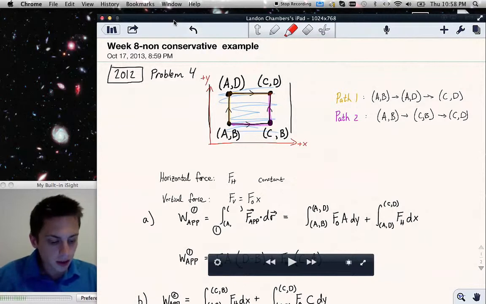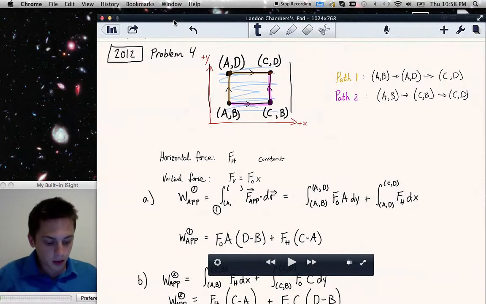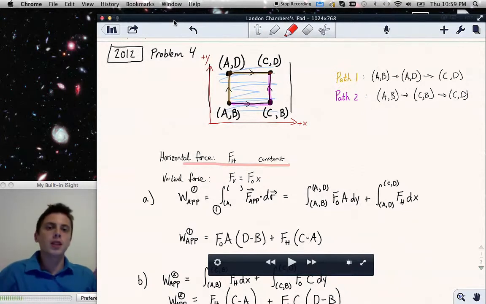Okay, and we're going to look at the work done by the applied force. So we are told that whenever the crate is traveling horizontally, the applied force is going to be constant, Fh, and that's the force needed so the velocity of the crate remains constant.